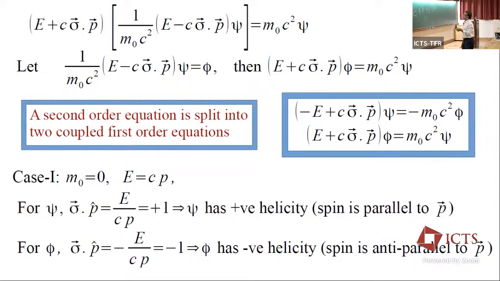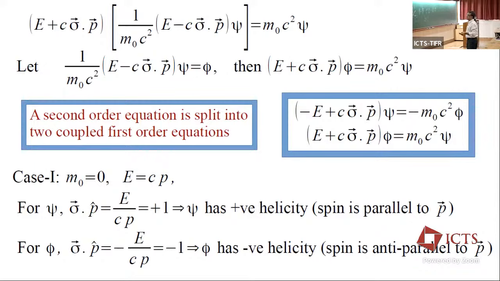So what happens if M0 equals 0? Then E becomes equal to Cp, and if you put in sigma dot P hat, where P hat is the unit vector, it can have the value +1. This is the case for psi with M0 equal to 0.